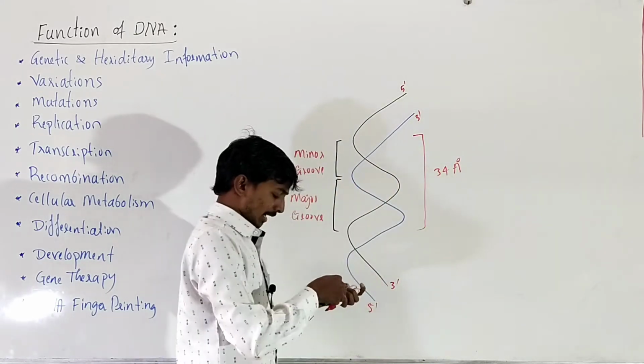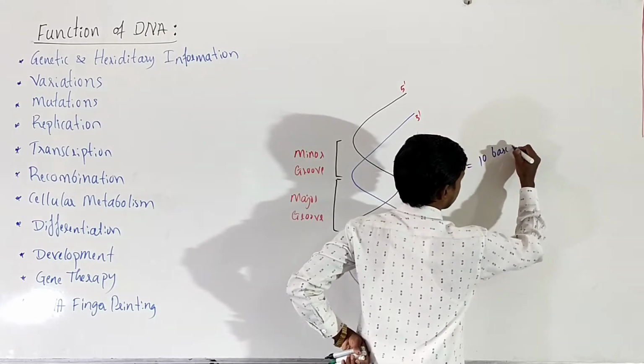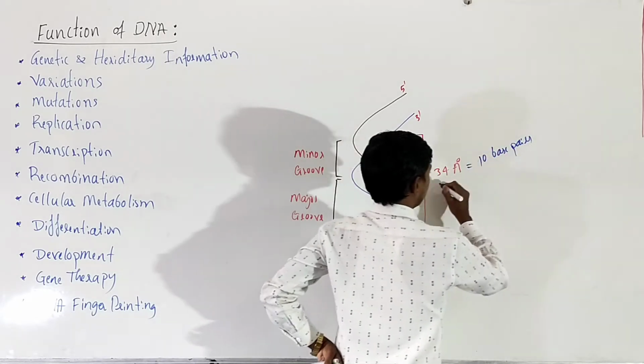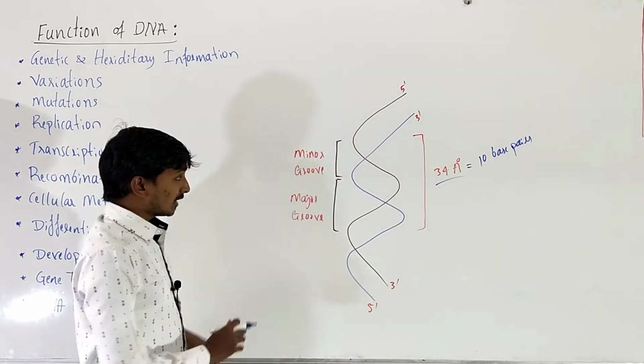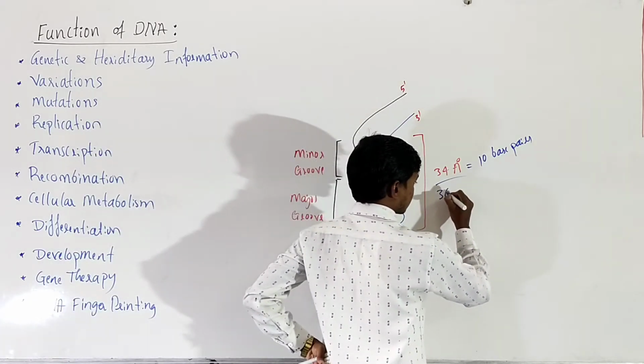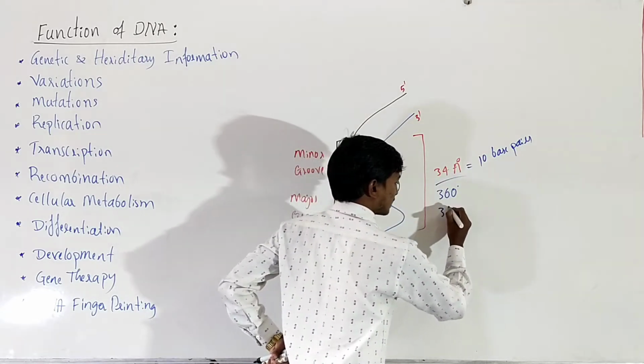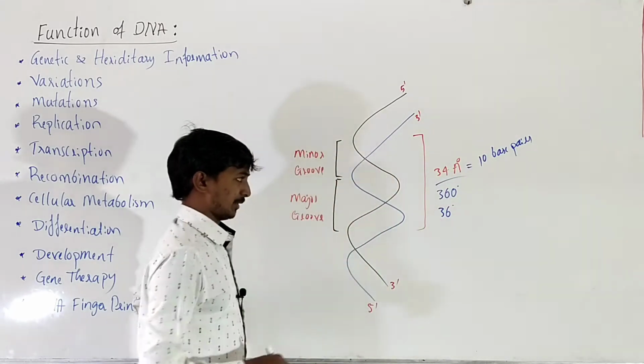34 angstrom, and that includes 10 base pairs. The angle of rotation is 360 degrees for 10 base pairs, and 36 degrees for one base pair.